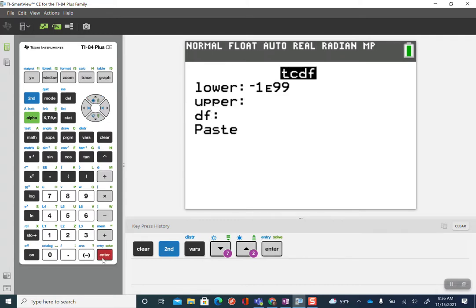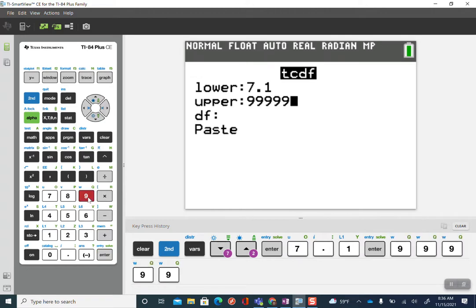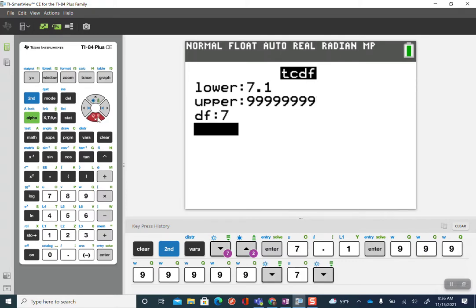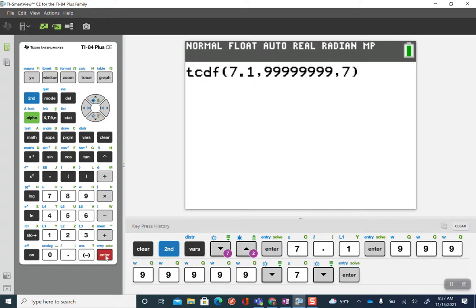I want to go from 7.1 or so to infinity, and you just use a really big number in there, something even bigger than you had before. The degrees of freedom we were working with was 7, so let's paste that in there. Some of you might have to type in the numbers in this order: your lower bound, your upper bound, and then your degrees of freedom at the end.